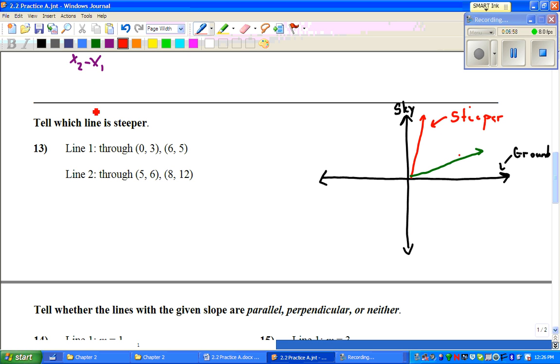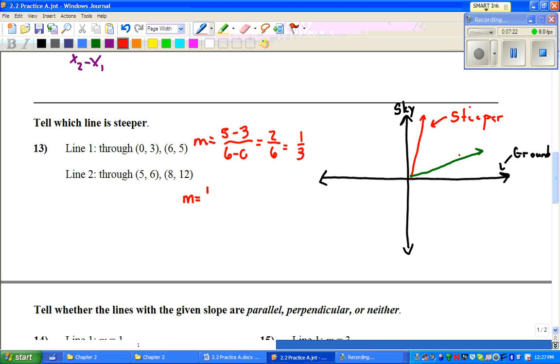All right, so what we're going to do is figure out the slope of this one. So I'm going to take my 5 minus my 3, and I'm going to take my 6 minus my 0. I'm going to end up with a slope of 2/6, which is equal to 1/3. This one right here probably looks more like the green ray that I drew over there, okay? Let's find out the slope for this one.